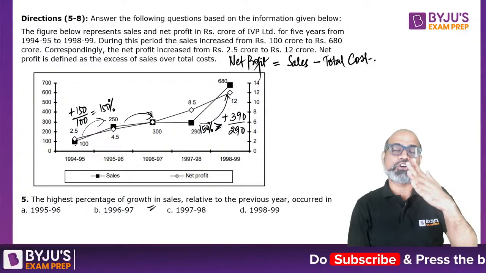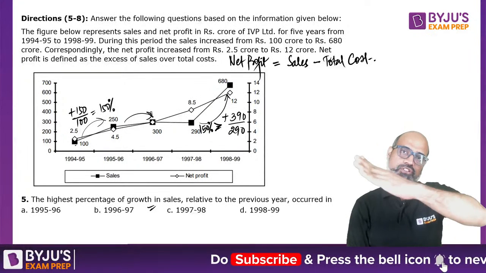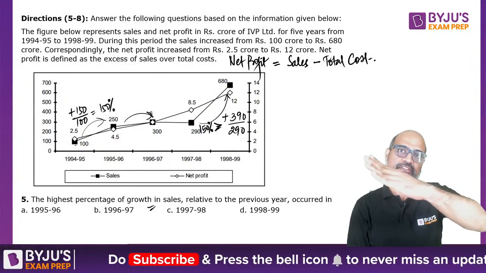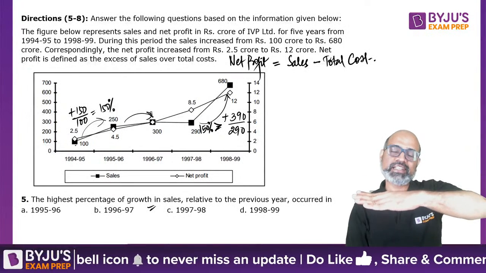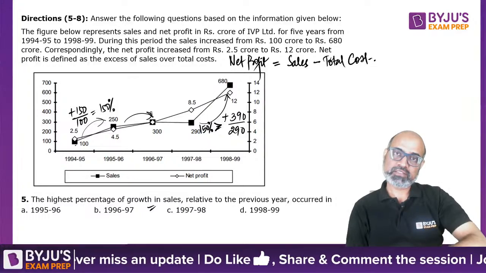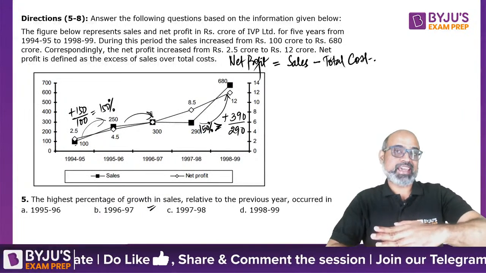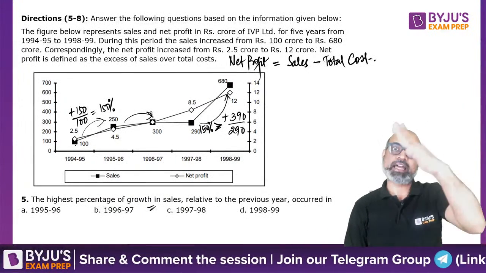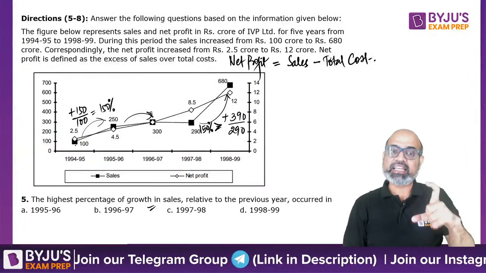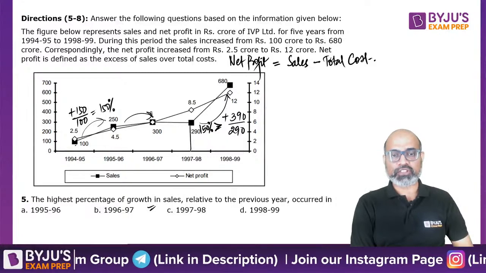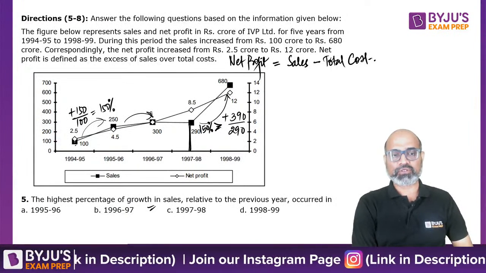See, slope can be anywhere, no? Suppose I have this slope and then I have a little lesser slope. A little lesser slope can be at a base closer to the x-axis, and a higher slope can be very upwards on the x-axis. Percentages are always calculated on the previous values.